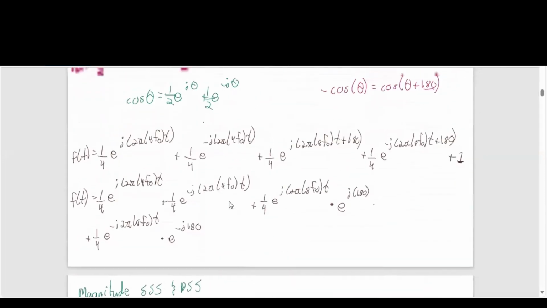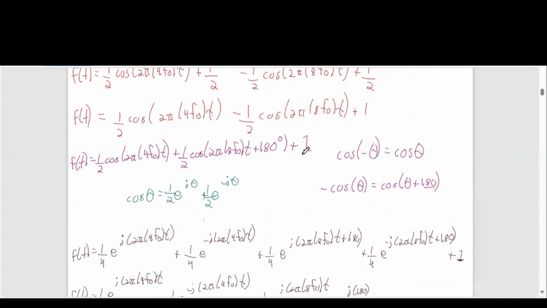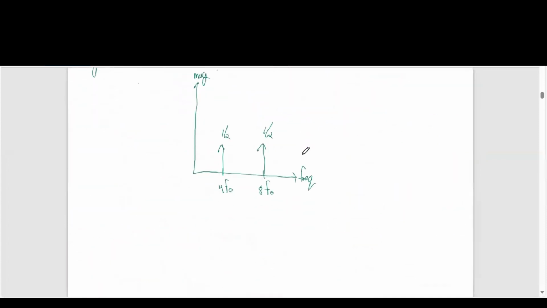And we have 1. This one is the DC component, which is always at a frequency of 0, right? So that goes up to 1, so let's use a different color. And that is a DC component, right? So 0, 4 f naught, 8 f naught.